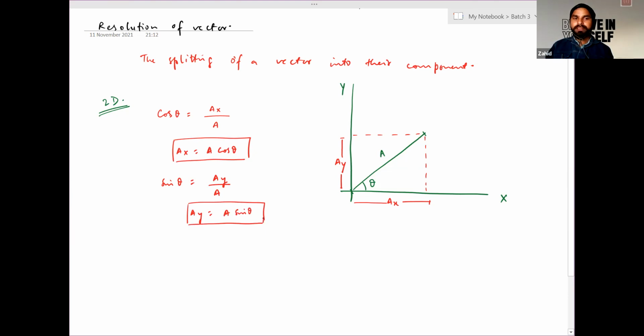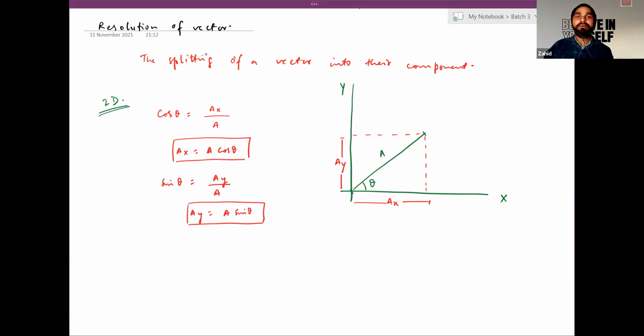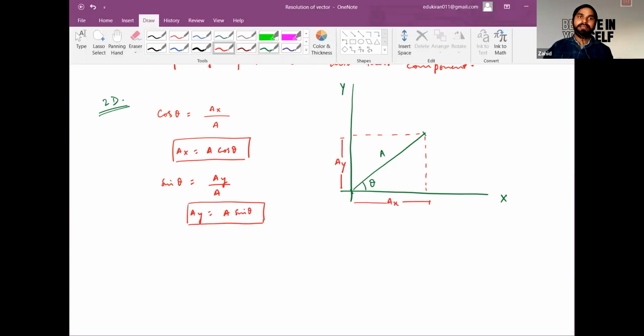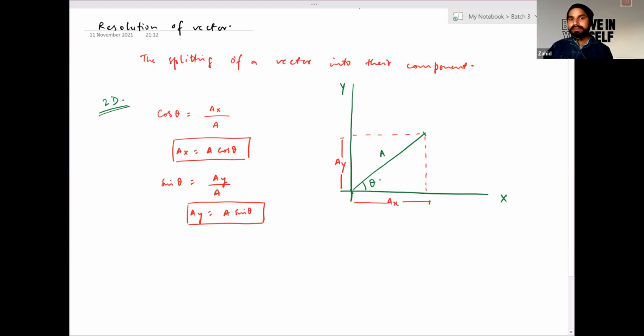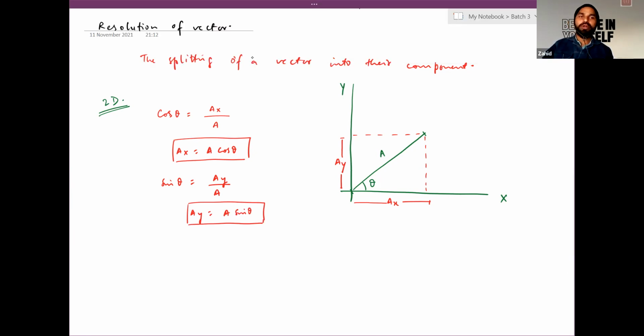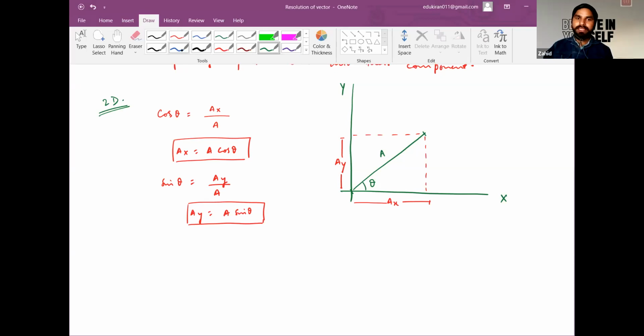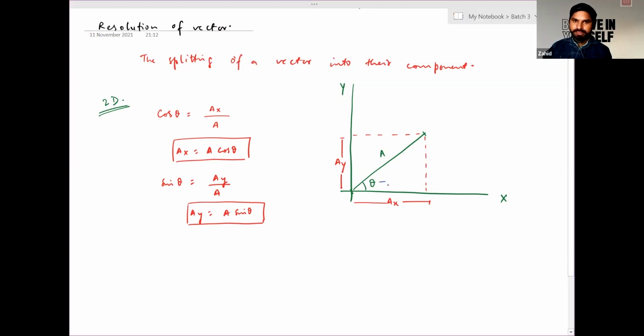So from this, we can conclude if there is a vector which is inclined at some angle theta, the component adjacent to that theta will be termed as base component. To get that component, multiply the resultant vector, or magnitude of that vector, by cos theta.